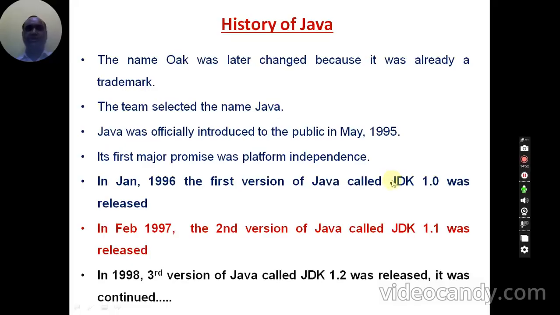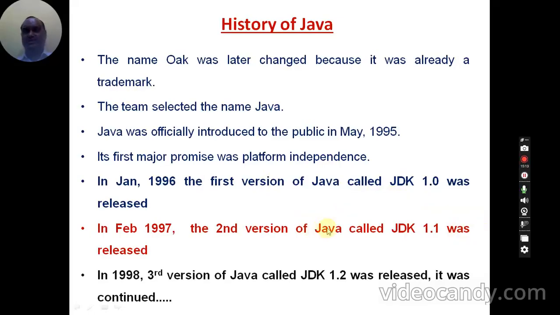They released the first version, JDK 1.0, in January 1996. Later, after one year, in February 1997, they released an improved version, the second version, JDK 1.1.